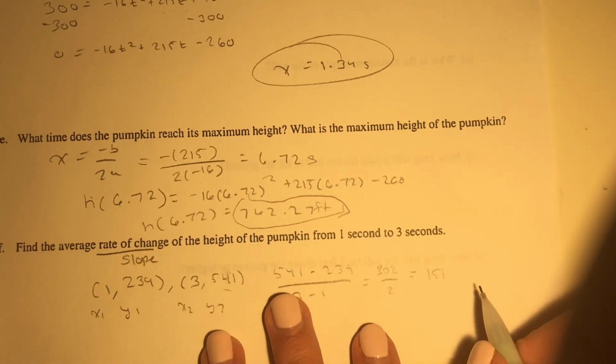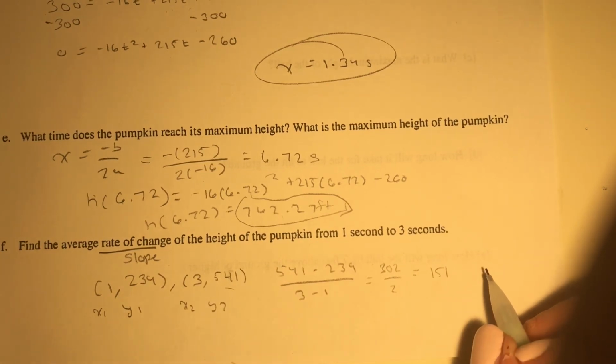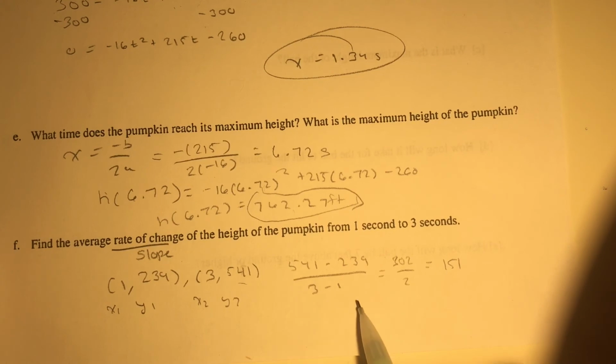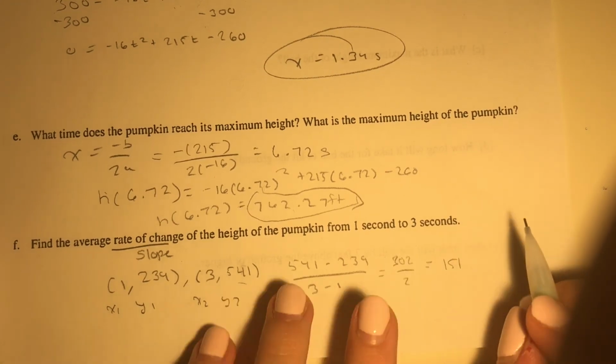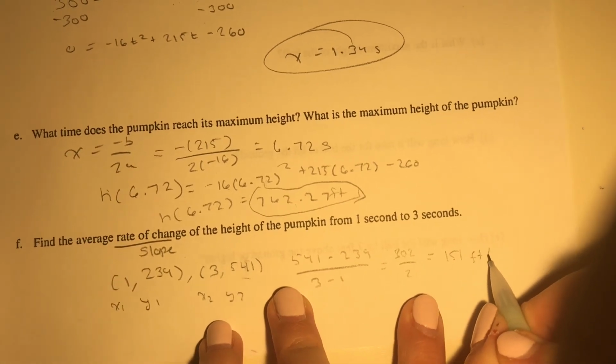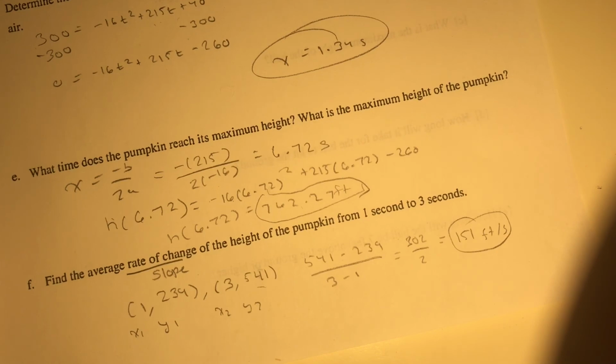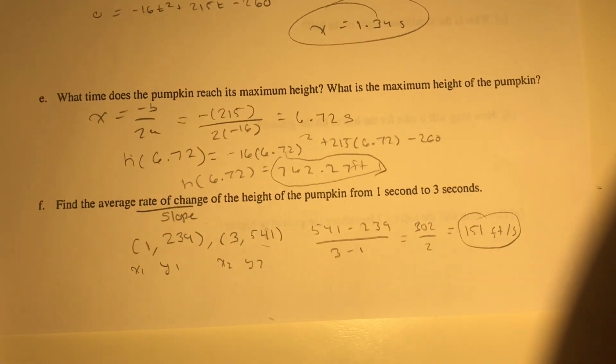That is going to be our average rate of change. When it says average rate of change, this is going to be our height on the top, which is feet, and the bottom is going to be our time, which is seconds. It's going to be 151 feet per second. We're solving for our velocity. And there you guys have it. This is your review.